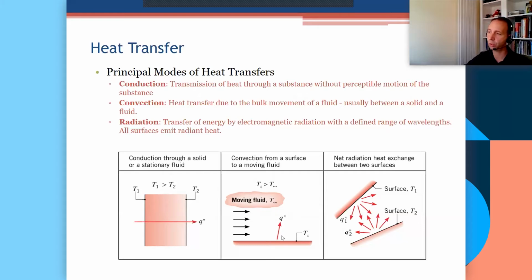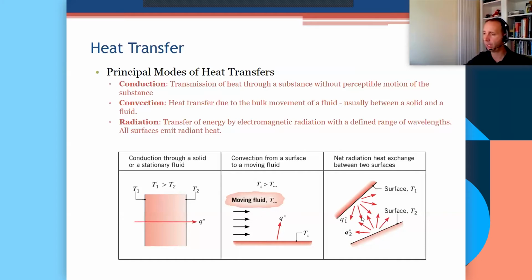So if the wall temperature Ts, as for surface, is higher than the fluid temperature written T infinity, then the heat flows from the wall to the fluid. The nomenclature here, T infinity, means sufficiently far from the surface in order not to feel the effect of the surface. So it's what we call the free stream temperature, well away from the disturbance due to the wall.